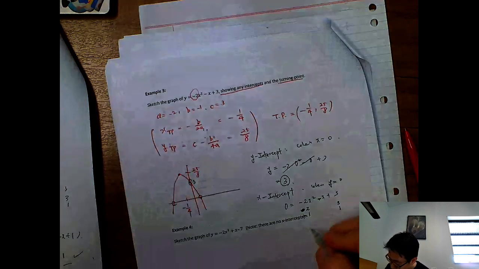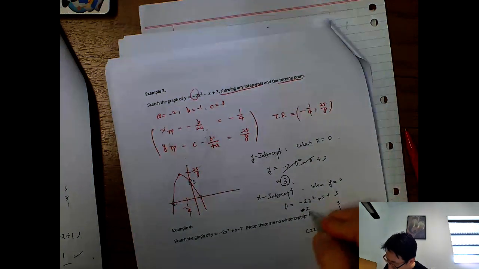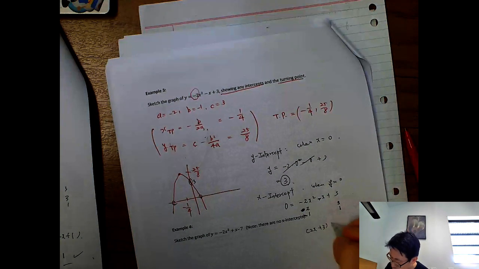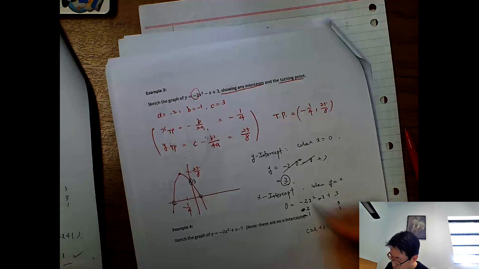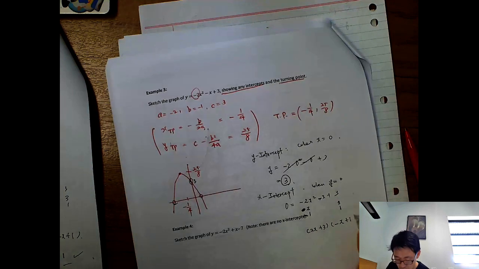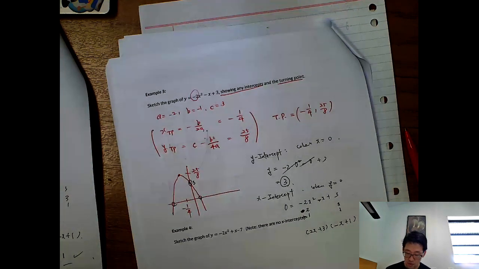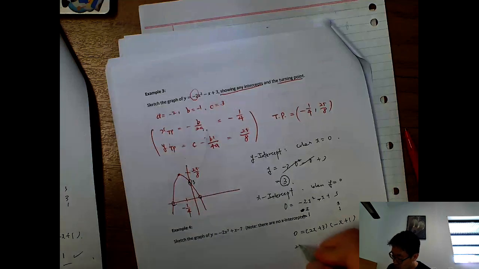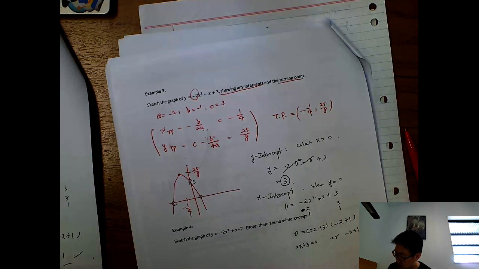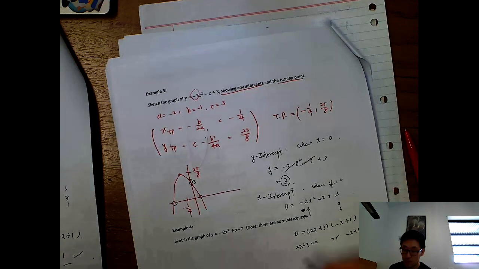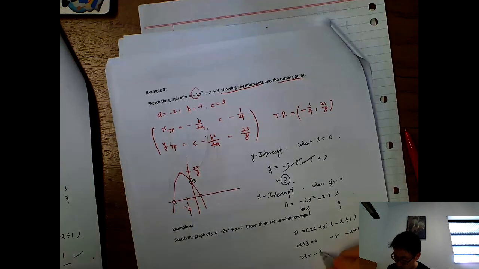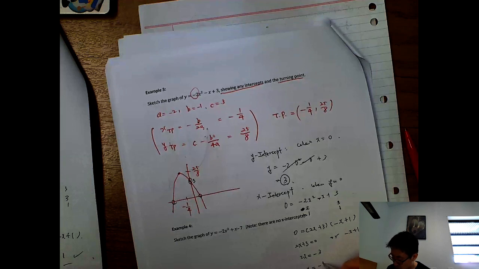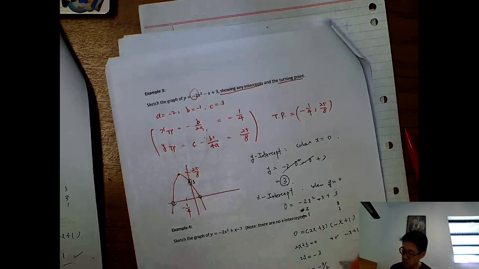So I get 2x plus 3, minus x plus 1, equals 0. Therefore, 2x plus 3 equals 0, or minus x plus 1 equals 0. 2x equals minus 3, so x equals minus 3/2.